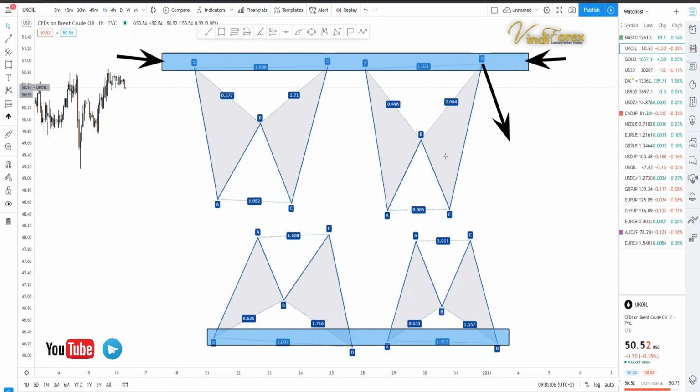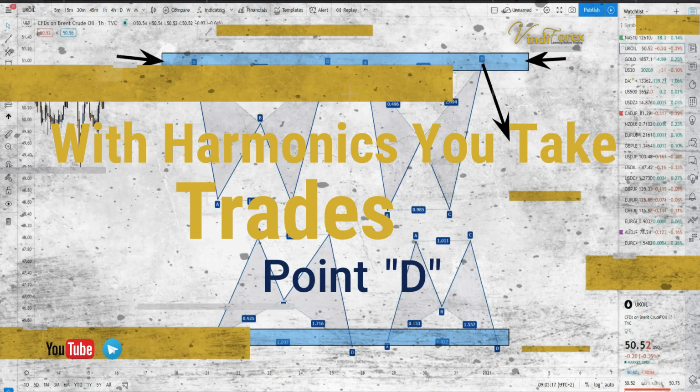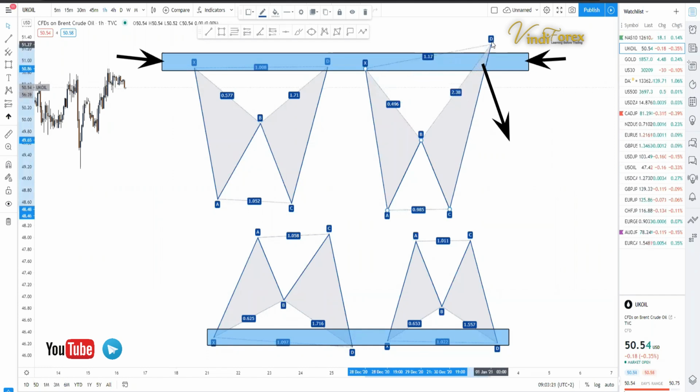We're just going to be using a basic structure for someone who's a newbie, for someone who is a beginner. Obviously with harmonics, you're supposed to sell around that point D. Sometimes your D doesn't have to be super perfect. It could be a little bit lower, sometimes it's a little bit extended to the outside, but the main point is that you're supposed to sell high, which is in sync with the dynamics of how you should do things. You want to sell at a much higher price and you want to buy low. So this is according to the harmonics.